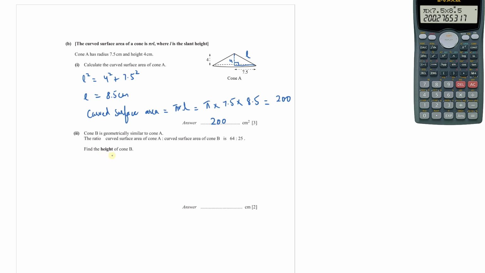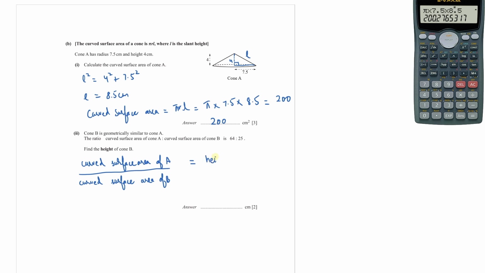Since we need to find the height of cone B, the curved surface area of A to the curved surface area of B will be the ratio of their heights squared.